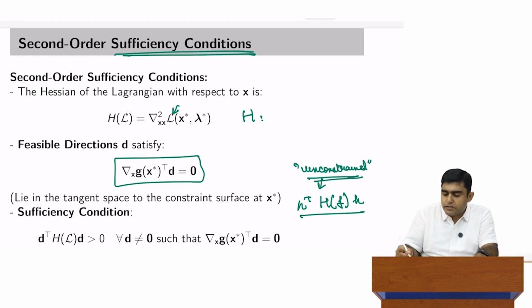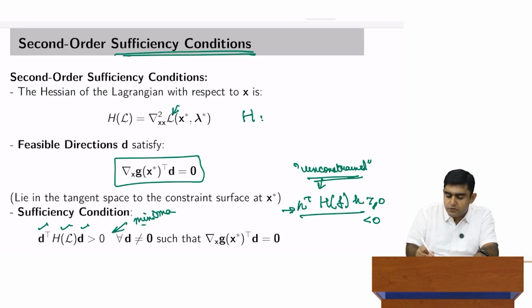In the case of constrained problems, we would still look for this condition to be greater than 0 for the point to be a minima, and less than 0 for the point to be a maxima. However, there are certain adaptations that we have to make to this mathematical form: we write this as D transpose HL D greater than 0 for this point to be a minima, and so on.